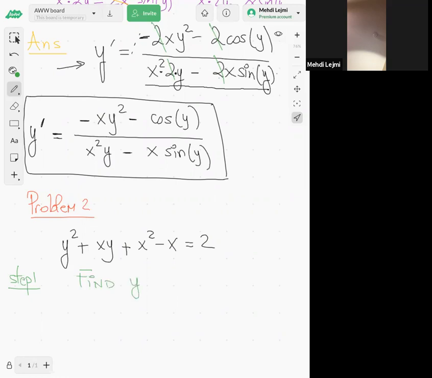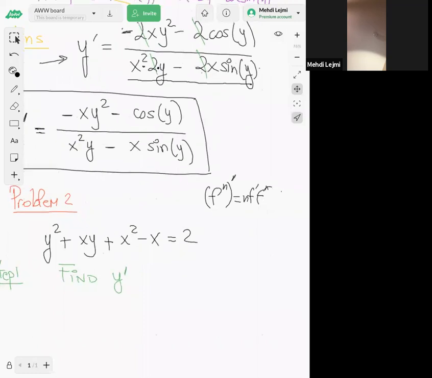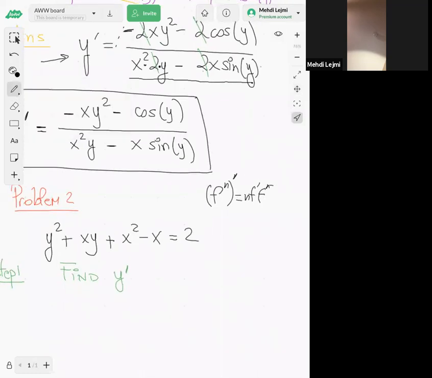Find y prime of x. Okay, so it's implicit differentiation. Derivative of y squared, again, it's like f to the power n prime, so it's n f prime f to the power n minus 1.